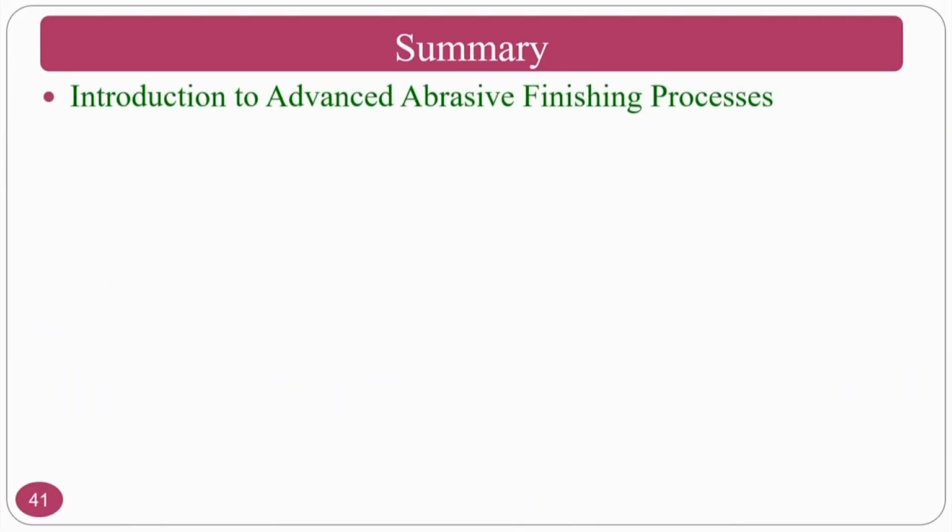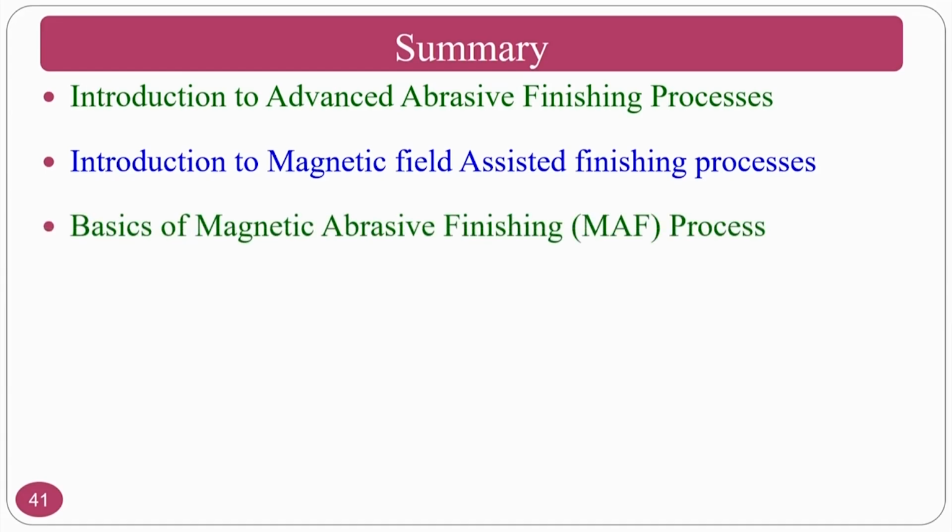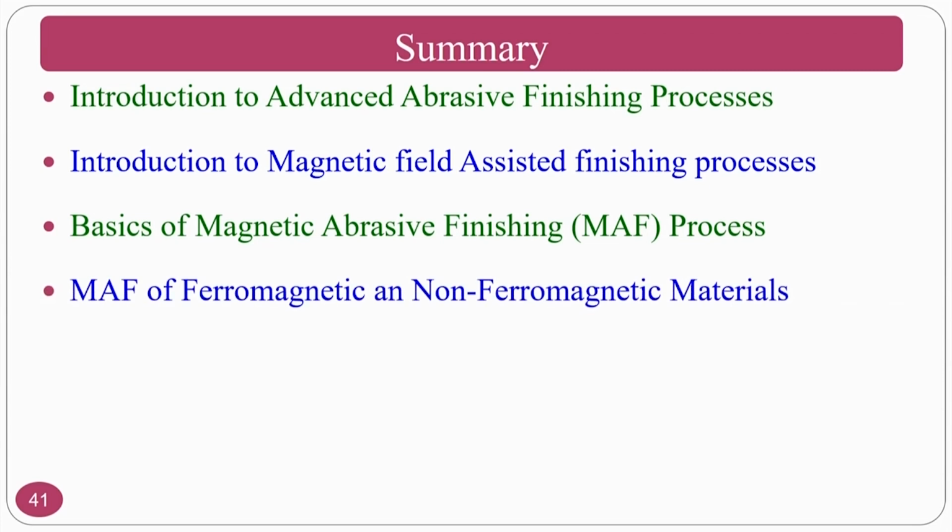So, the summary of this class: we have seen an introduction to advanced abrasive finishing processes, then we moved on to the introduction to magnetic field assisted finishing processes. What are the finishing processes that come under the category of magnetic field assisted finishing processes, and the basics of the magnetic abrasive finishing process, then how the magnetic abrasive finishing process is applied for ferromagnetic workpieces as well as non-ferromagnetic workpieces.